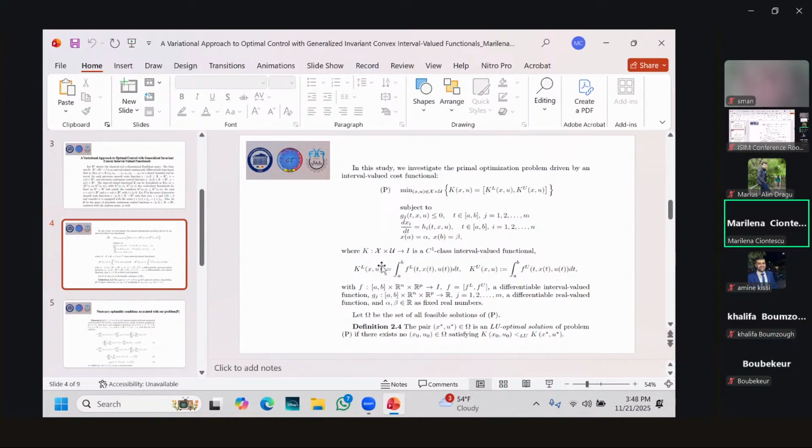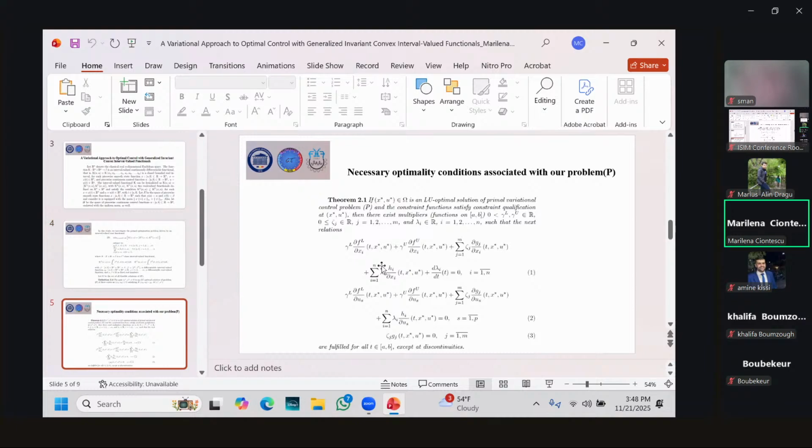And F and G sub j are differentiable, interval valued for F, and real valued for G sub j. We denote by omega the set of feasible solutions of P, and what we have is a definition of what an LU optimal solution of our problem P means.